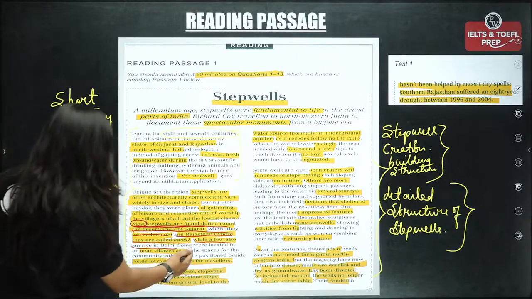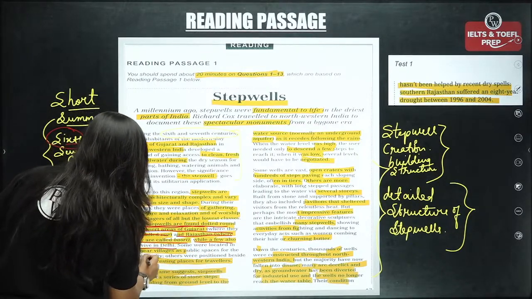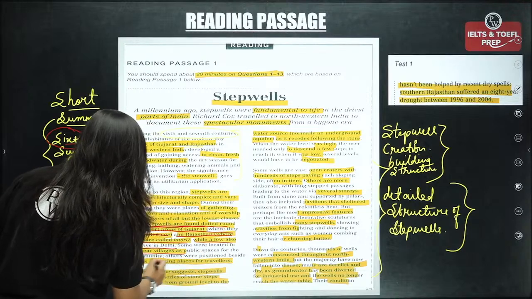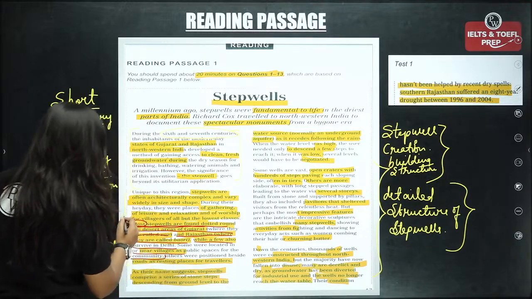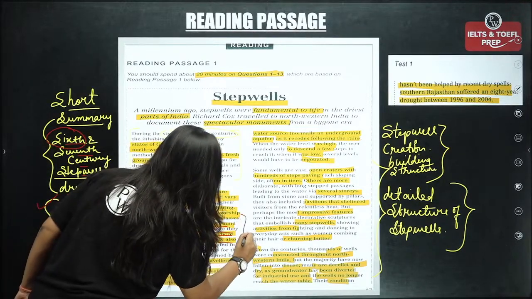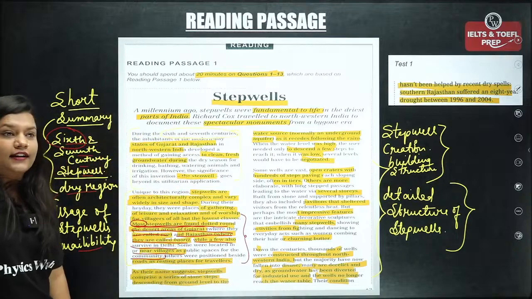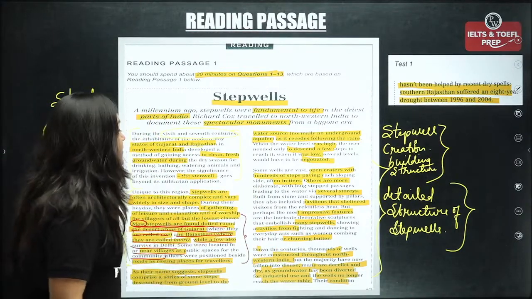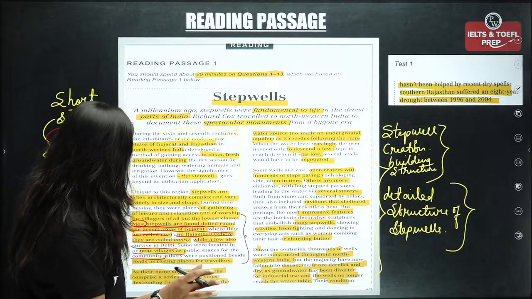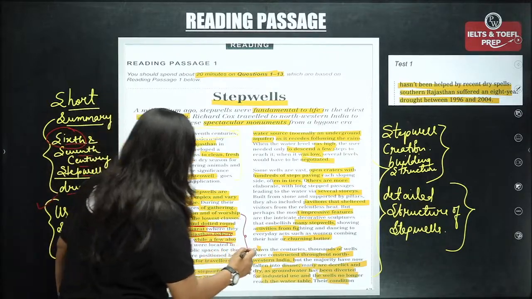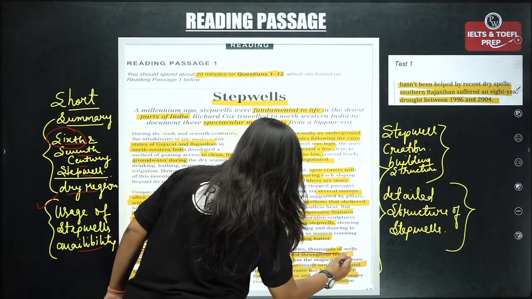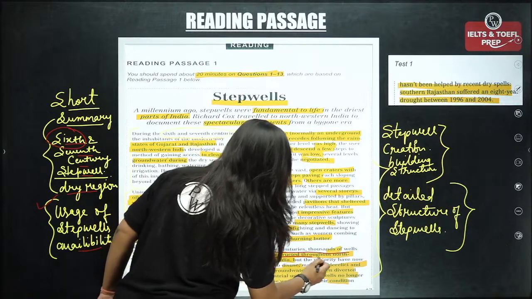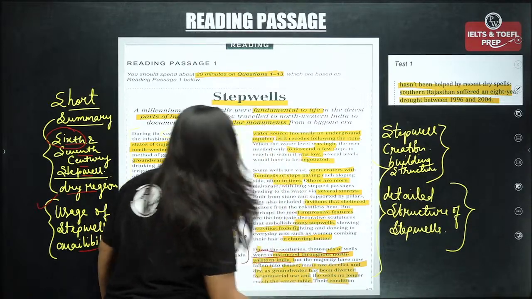ठीक है. Some were located in or near villages as public spaces for community. अगर आप यहाँ से यहाँ तक देखोगे, you're gonna find the exact answer. For example, if you move forward in the passage, then you're going to have a quick look over here as well, where down the centuries, thousands of wells were constructed throughout northwestern India.